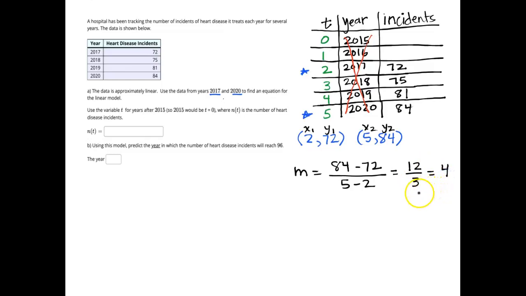All right. Now I know the slope, I know a point, so I can use the point slope formula. So remember that the point slope formula tells you what you need in order to use this formula. All right, I need to know a point, I need to know the slope.